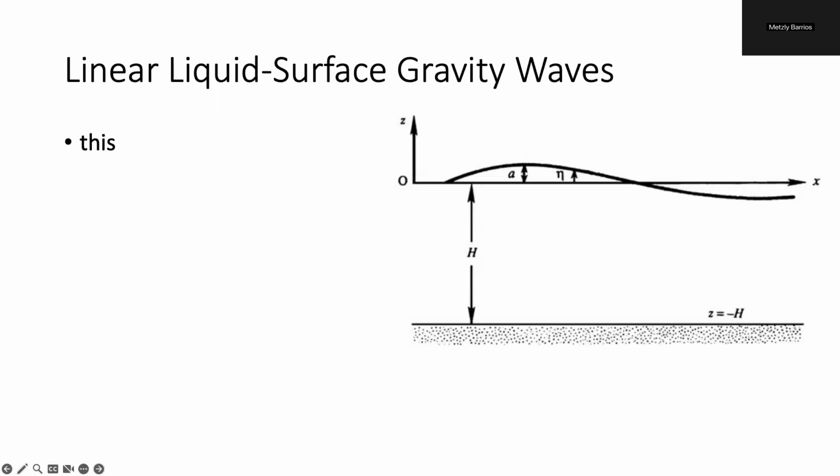We can also use what's called a kinematic boundary condition. That essentially looks at the fluid particle velocity in relationship to the normal of the surface itself, and that one's pretty straightforward. This free surface, this thing here, we're calling eta. It's the location along all of x at which the surface is up and down.